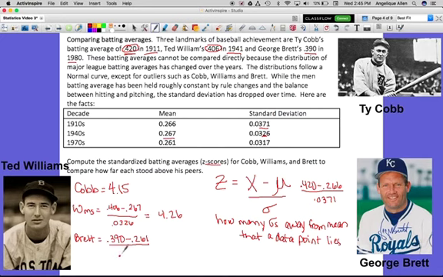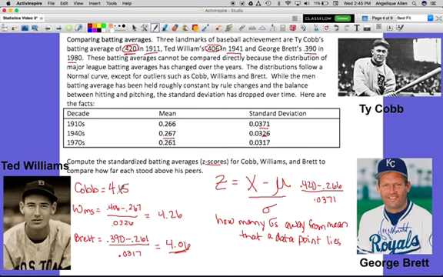And then the standard deviation was smaller, so maybe that'll make up the difference. Let's put these numbers in the calculator. I get 4.06. So yes, it's the lowest z-score compared to these other two, but it's not tremendously lower. He's still an incredible outlier, somebody whose batting average is just way out there above everybody in his day.